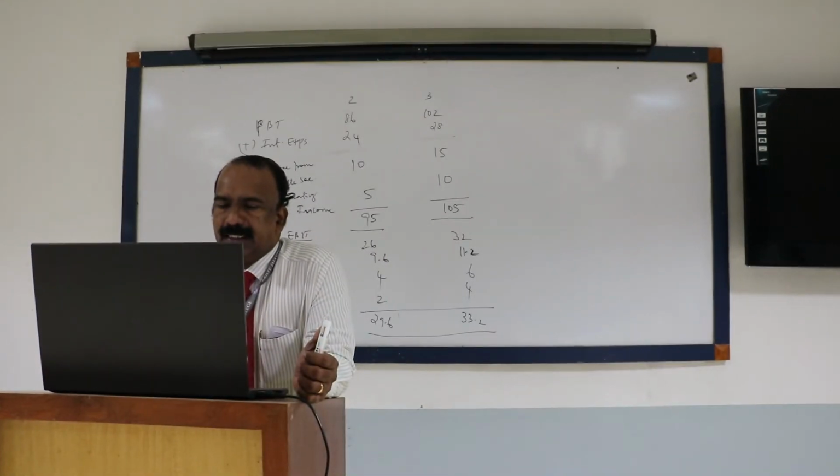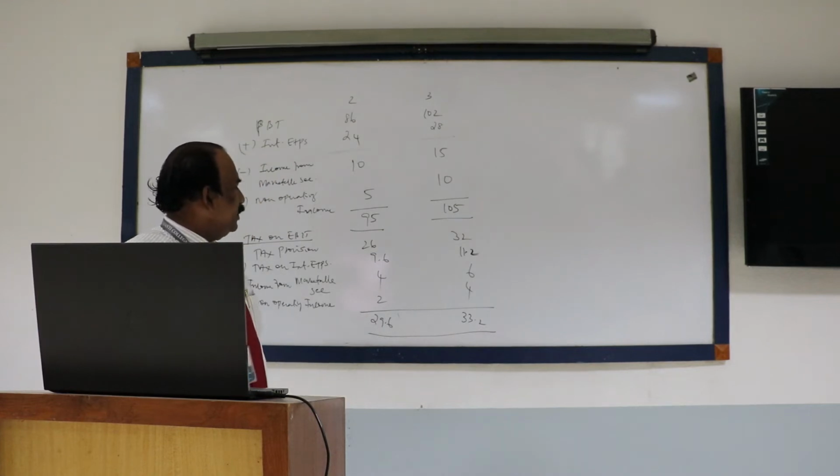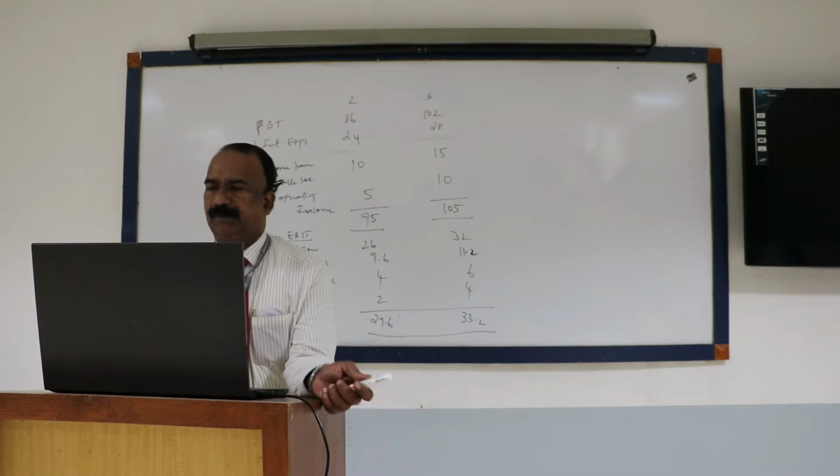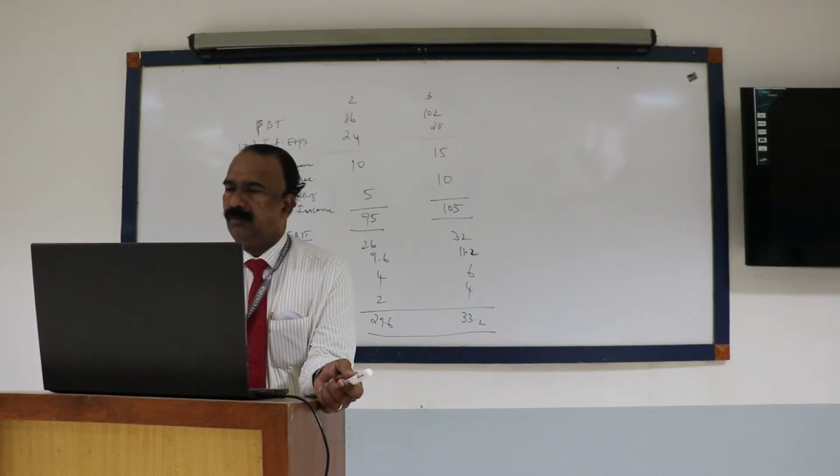So NOPALT is EBIT minus tax on EBIT. That is 95 minus 29.6, and 105 minus 33.2. That is called NOPALT.